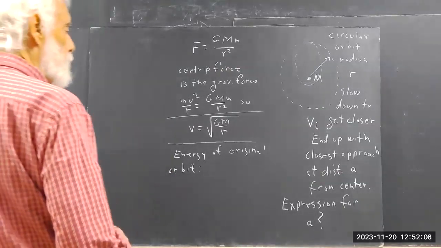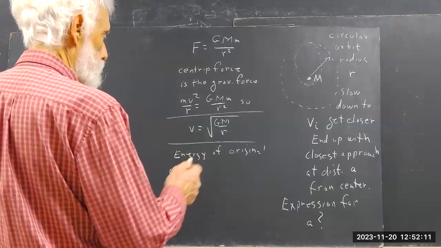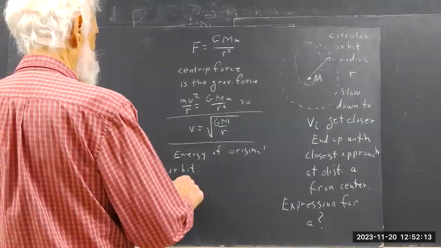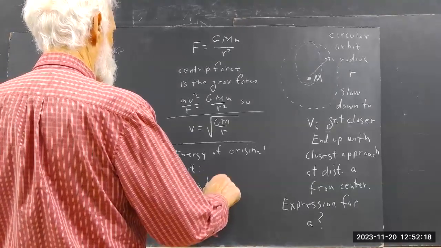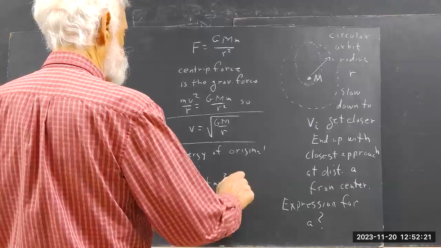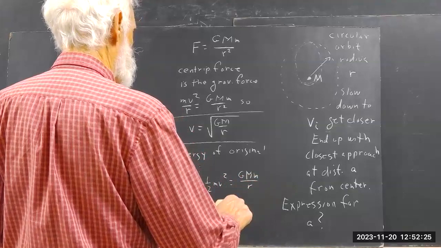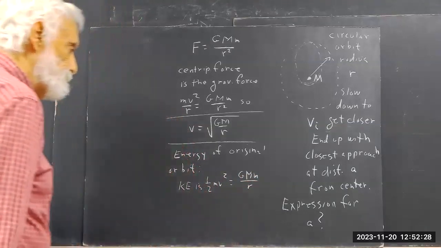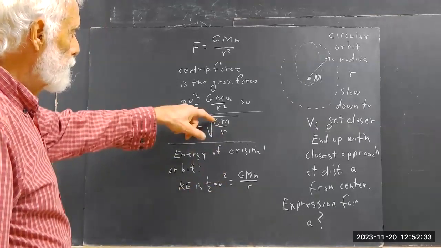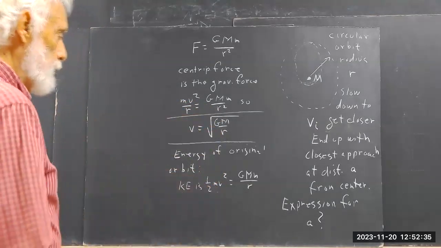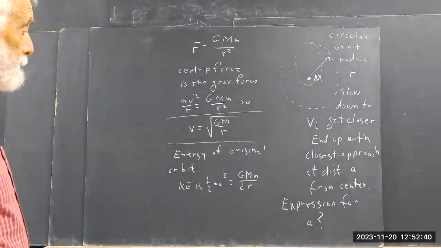So the energy of the original orbit is what? Square the velocity, get GM over r, multiply that by 1/2 m, and there you have it.